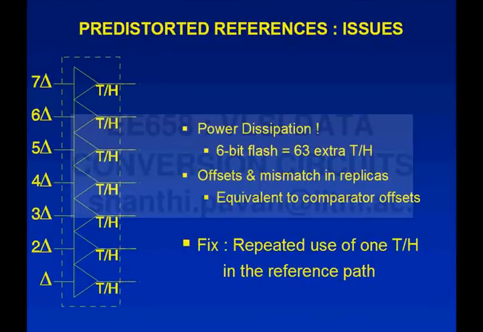Okay. So how do you fix this? One thing you can exploit is the fact that references need not be refreshed every cycle. So what you can do is to use the same track and hold repeatedly, and you use that to predistort the references, with the understanding that at any one time you're going to be pulling out one comparator and storing the reference and offset on that comparator.